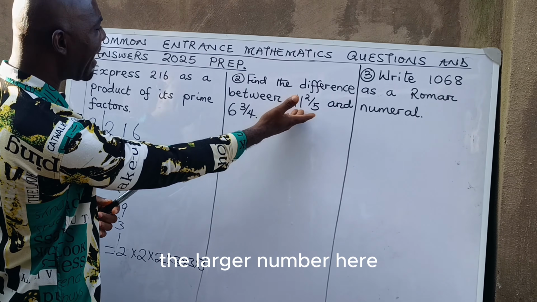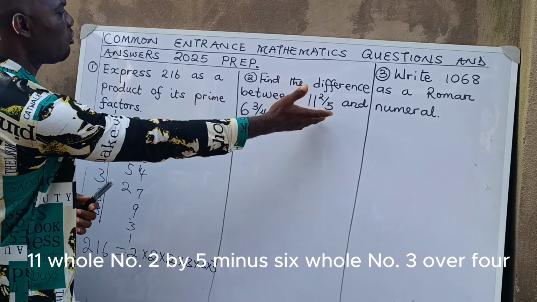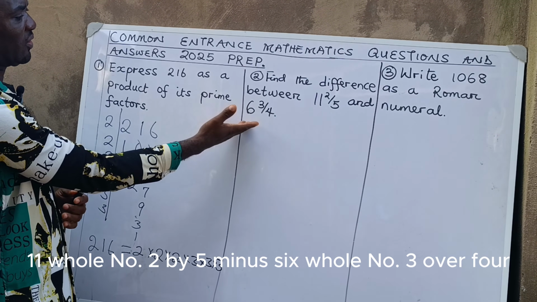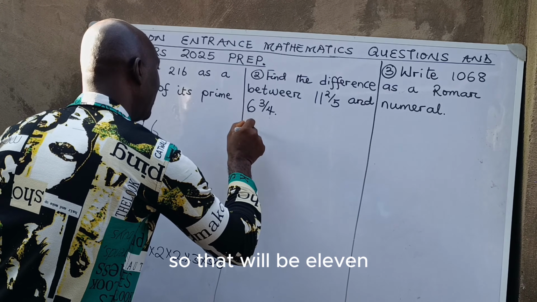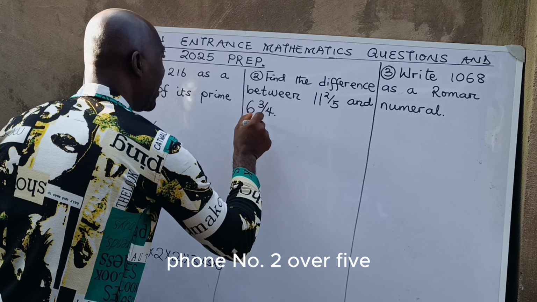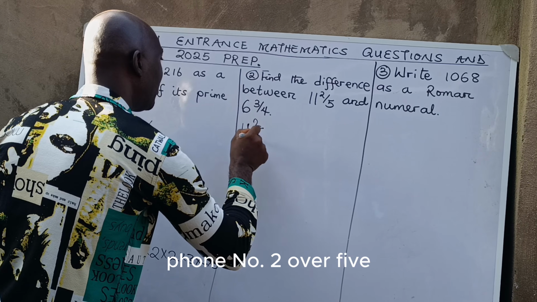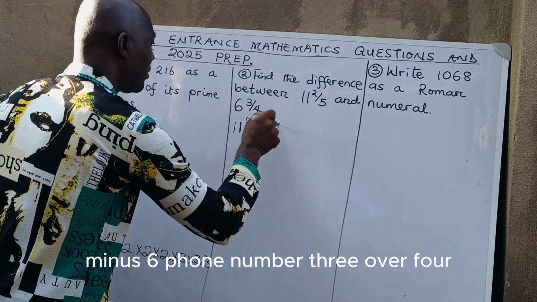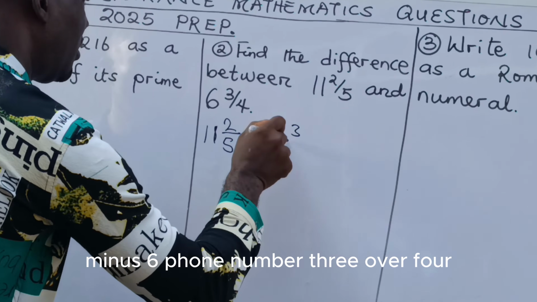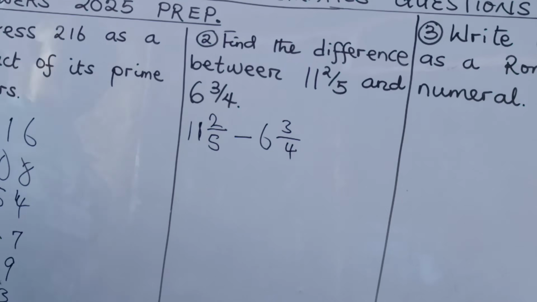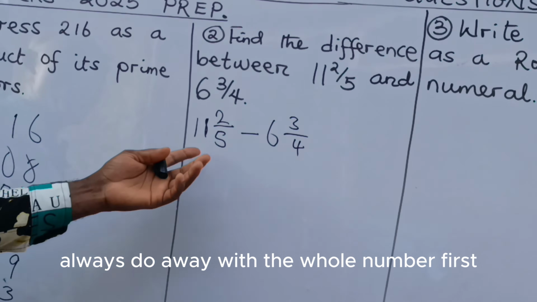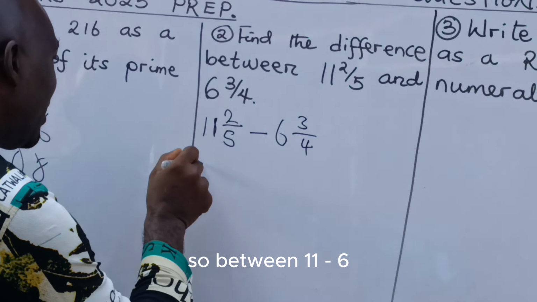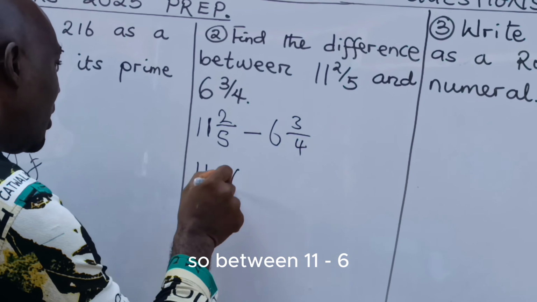The larger number here, 11 whole number 2 over 5, minus 6 whole number 3 over 4. Whenever you have a mixed number, always do away with the whole number first. So we'll be doing 11 minus 6.